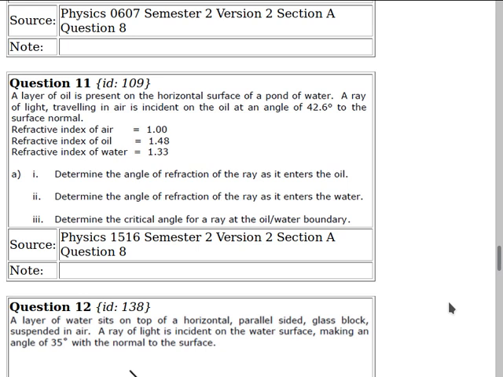No, yeah, that's 27. And 20. Oh, it's the oil first.